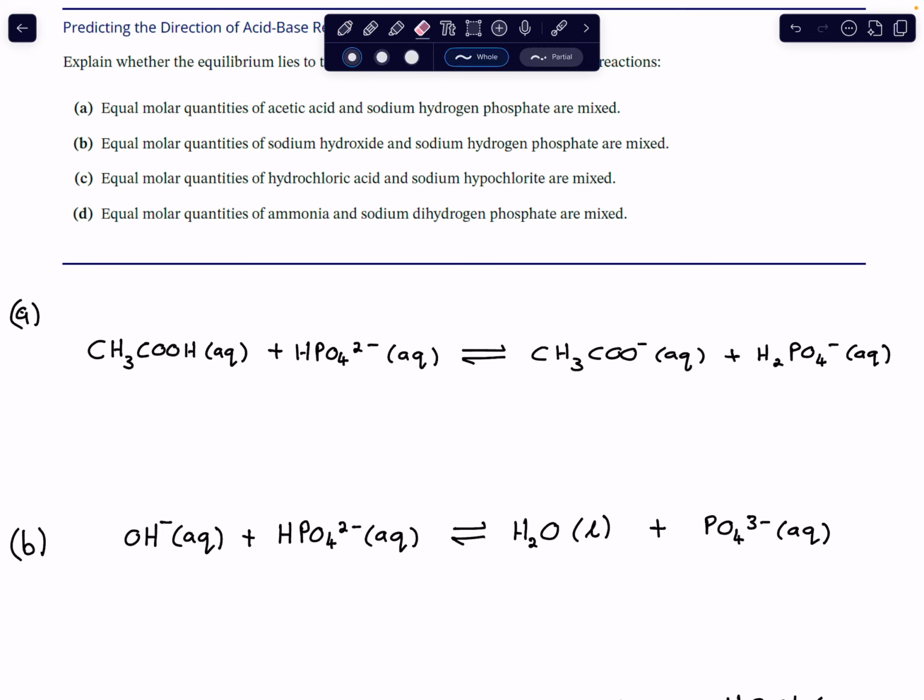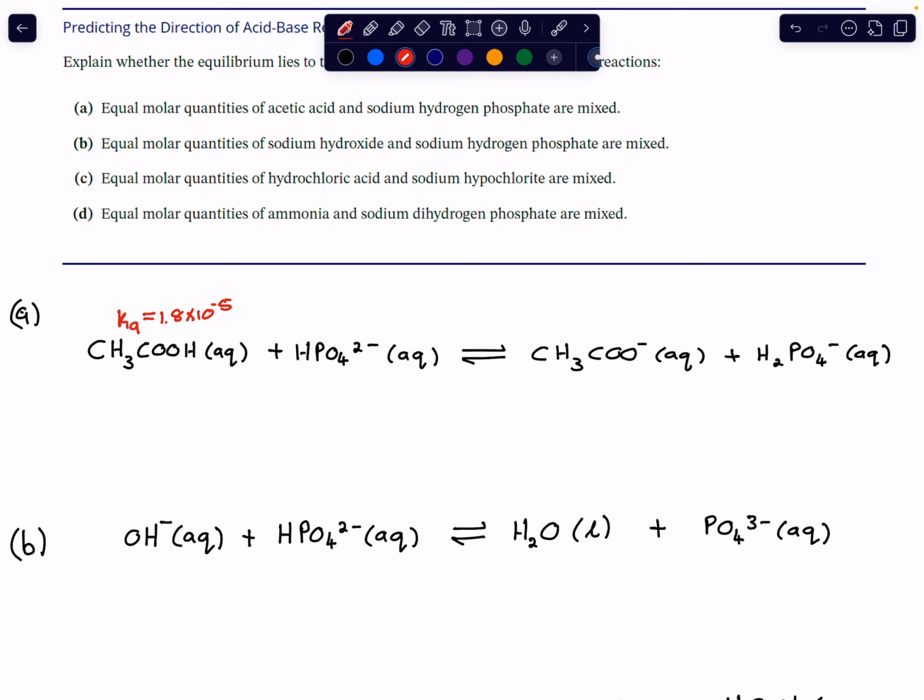The way to analyze this is to look at the Ka and Kb values for the species you are interested in. For acetic acid, Ka is equal to 1.8 times 10 to the negative 5.